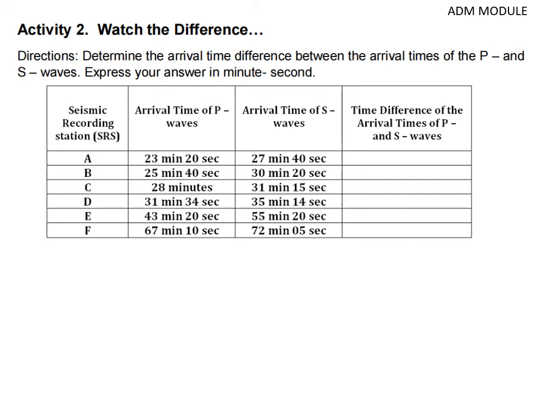Just to give you an example, for seismic recording station A, the arrival of the P wave is at 23 minutes 20 seconds, while the S wave arrives at 27 minutes 40 seconds.